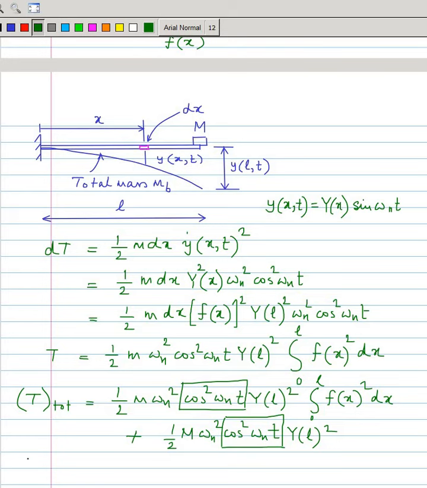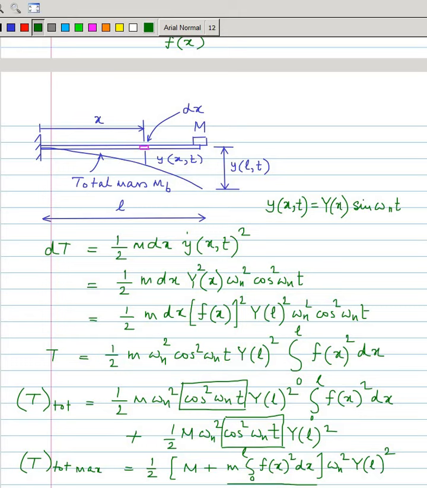So T total max is equal to half into (M plus m_L integral from 0 to L of f(x) square dx) omega_n square y_L square, and this is the extra term which you get in the mass.